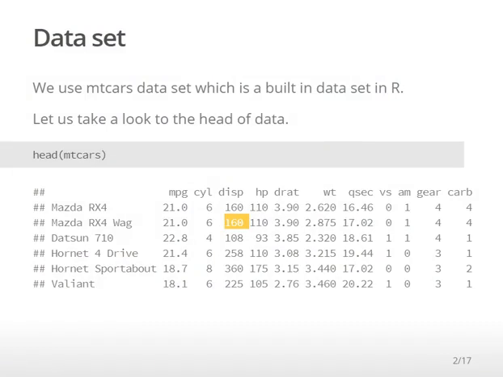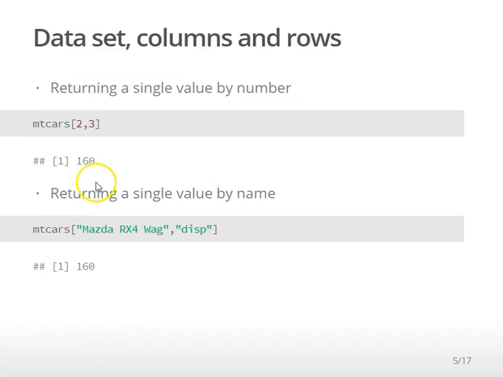I want to return that number. I can do that by telling R, go to the mtcars data set, second row, comma, third column. It's telling me it's 160.